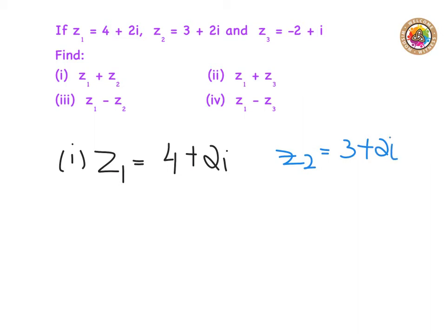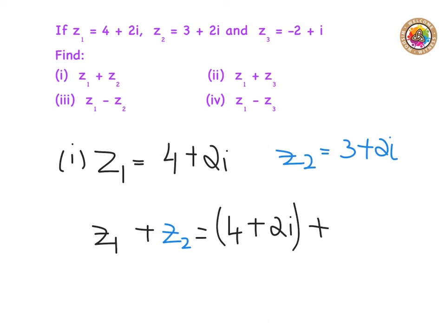So z1 plus z2, I suppose I'll put it into blue, is equal to, well, 4 plus 2i, we'll just put brackets around it for the moment, plus, and the reason I'm putting brackets around it is because later if we're doing subtraction, then that minus sign out here in the middle would affect everything in that bracket, and sometimes we forget that.